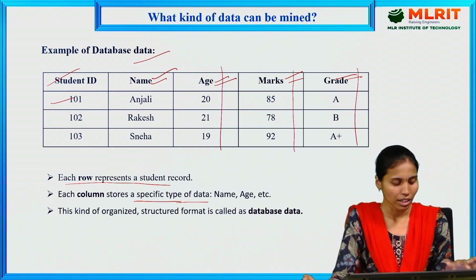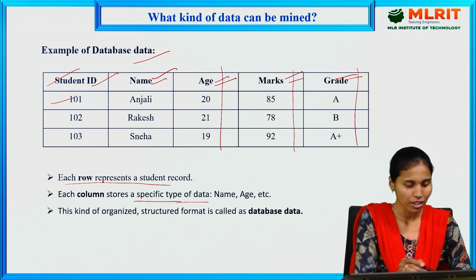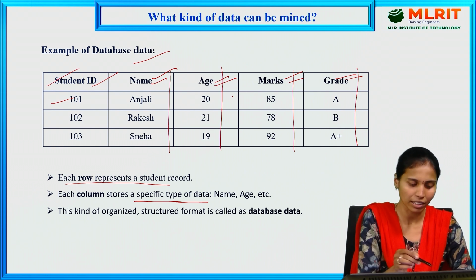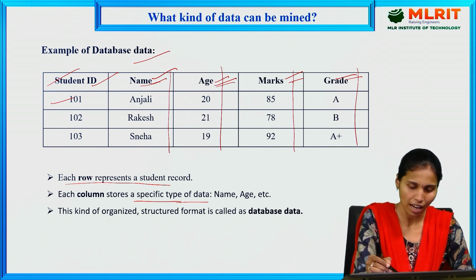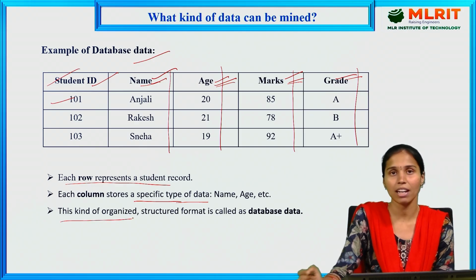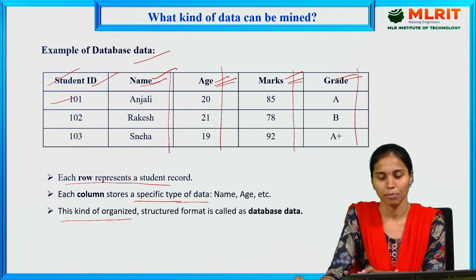So, in this table, a row represents a student record, and a column stores a specific type of data. This kind of organized, structured format is called database data.